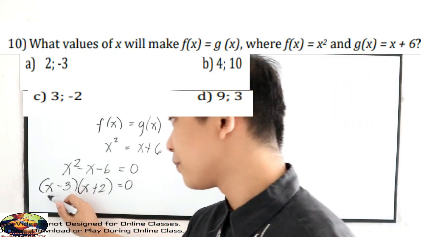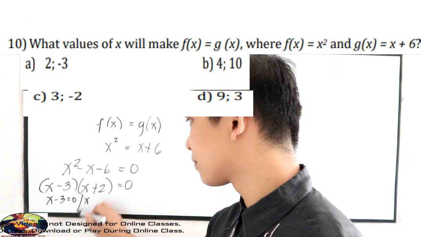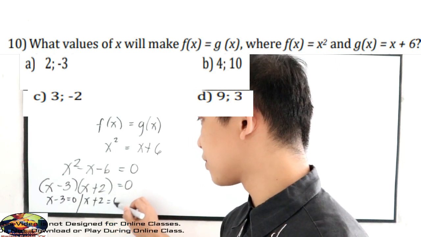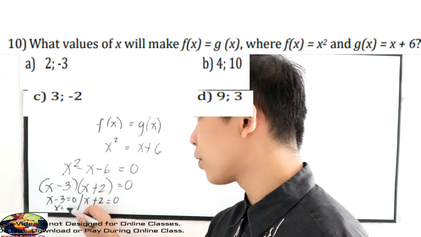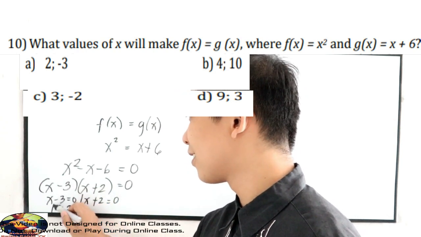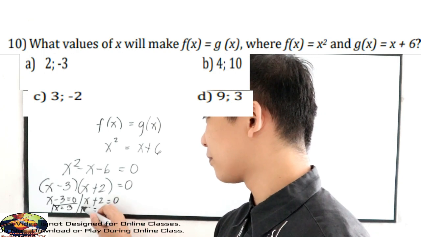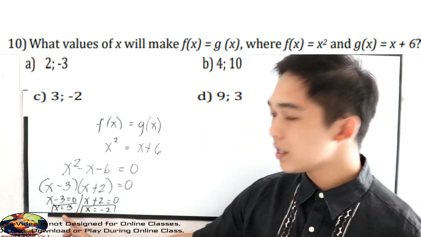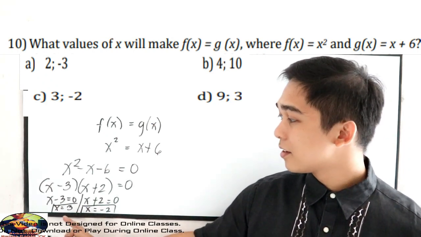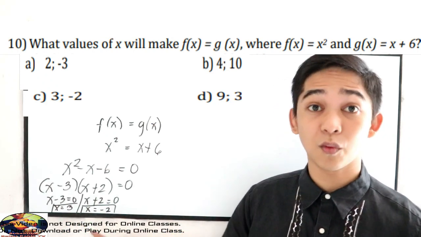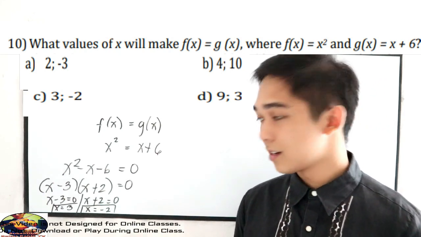Equate to 0. Equating to 0, x plus 2 is equal to 0. So our x is equal to positive 3, x is equal to negative 2. So the following are the values of x that will make our functions equal.